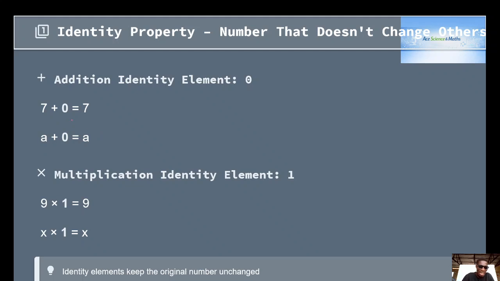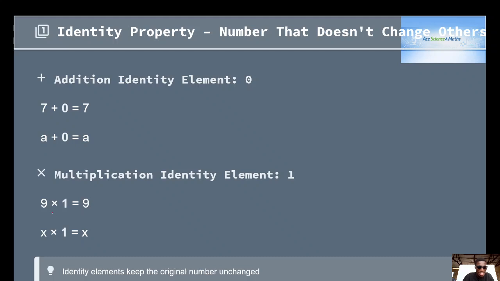So when you add 0 to 7 or any given value, it doesn't change the answer. When you add 0 to any variable, it doesn't change the answer. Likewise, when it comes to multiplication, when you multiply any number by 1, it doesn't change the answer.